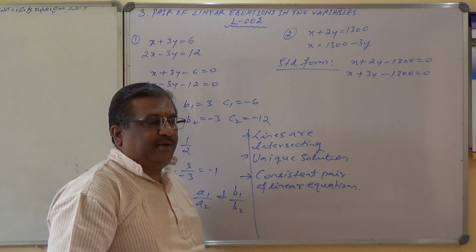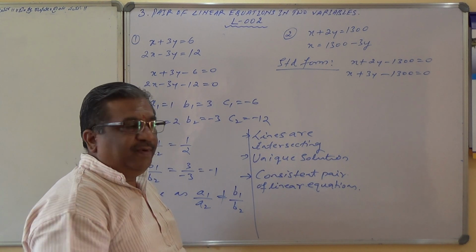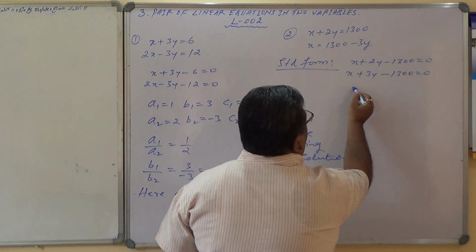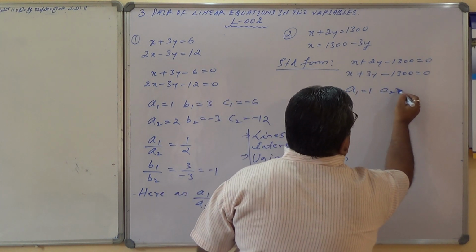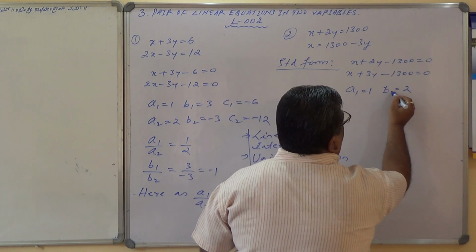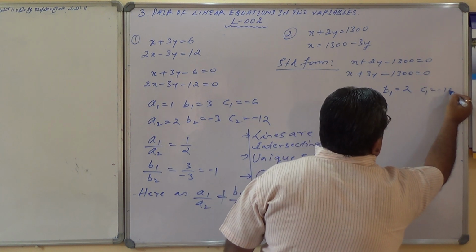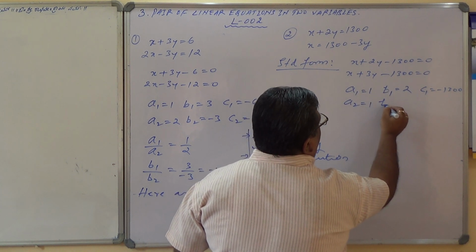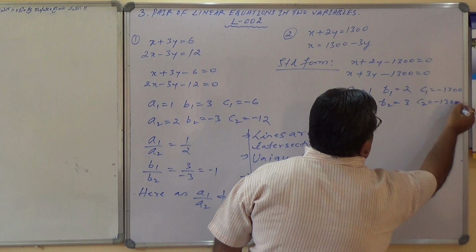Comparing both equations with the general form: a1 equals 1, b1 equals 2 and c1 equals minus 1300, a2 equals 1, b2 equals 3 and c2 equals minus 1300.